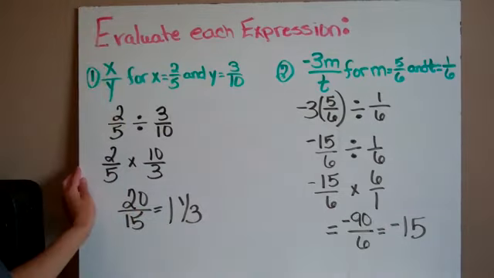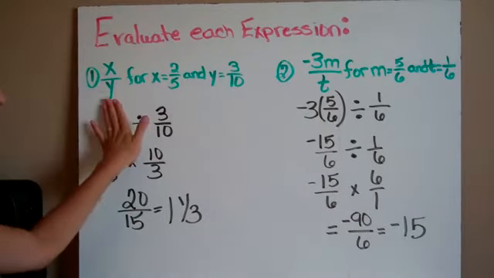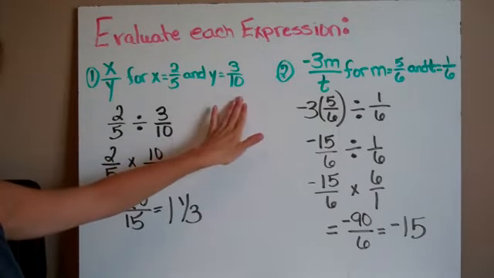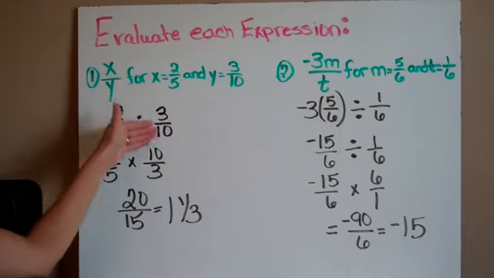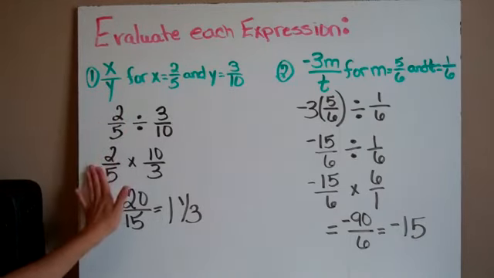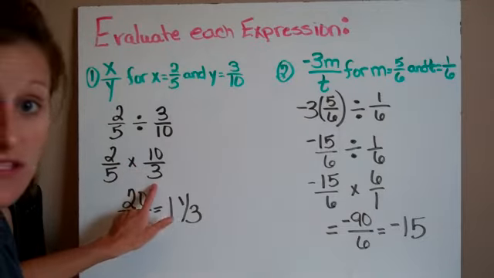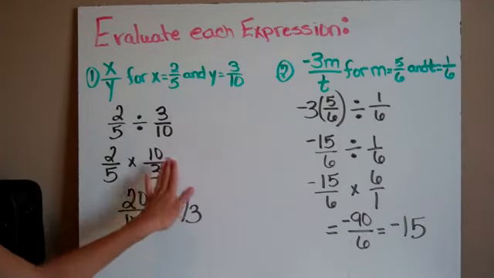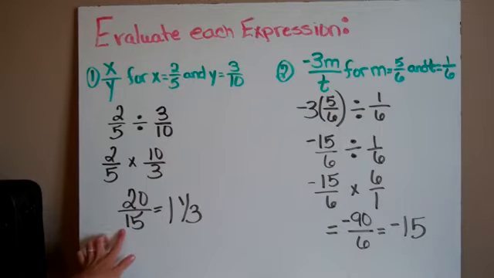So we're going to look at the following examples. This one, same one, x divided by y. This time my x is going to be 2/5 and my y is going to be 3/10. So I plug it in. 2/5 divided by 3/10. Remember, keep the first fraction the same. Division becomes multiplication, and then use the reciprocal of 3/10, which is 10/3. Multiply across. 2 times 10 is 20. 5 times 3 is 15.